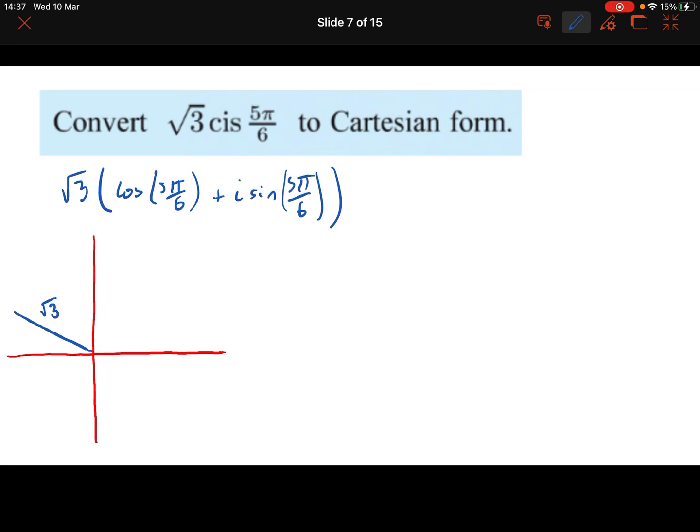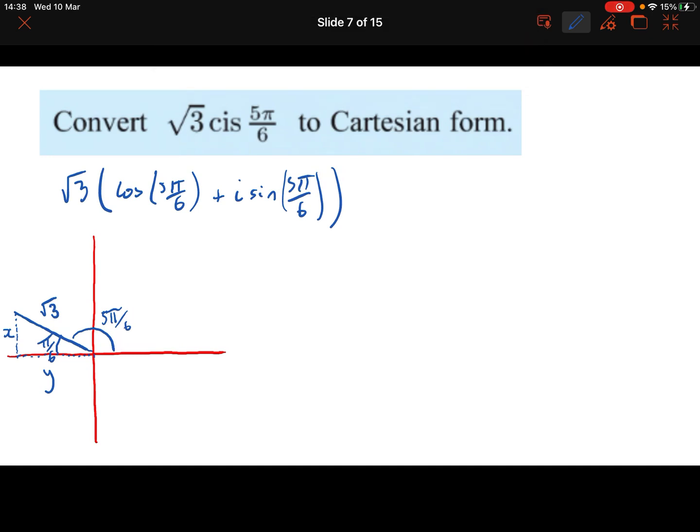And what we know is that this angle here is 5 pi over 6, which would suggest that this angle here is pi over 6. So let's call this x and let's call this y. We can now work out what x and y are.